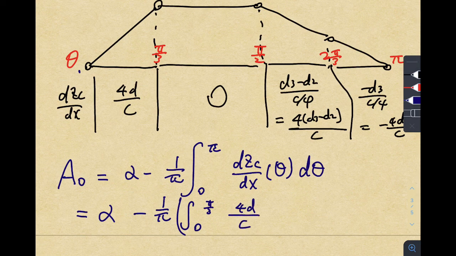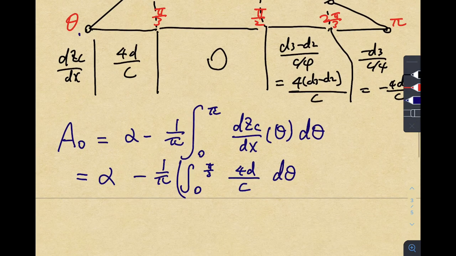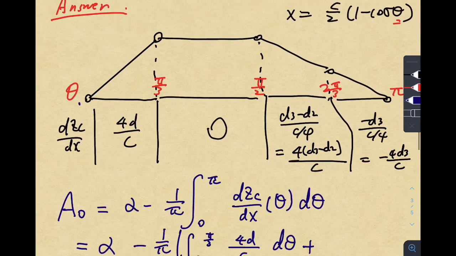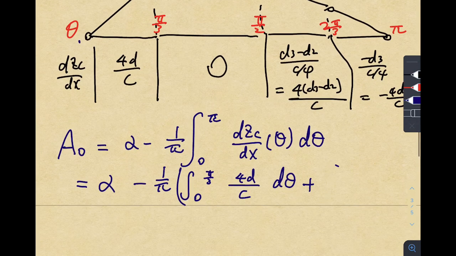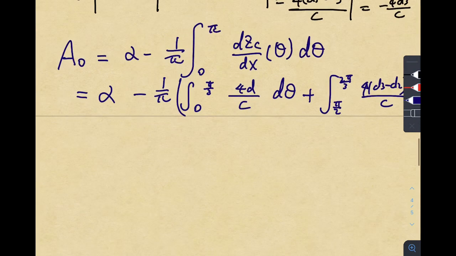And the slope is 4θ over c, and integrating over dθ. Okay. And the second term, because the second block is 0, so I'm going to go from π over 2 to 2π over 3. And the slope is 4d3 minus d2 divided by dθ.